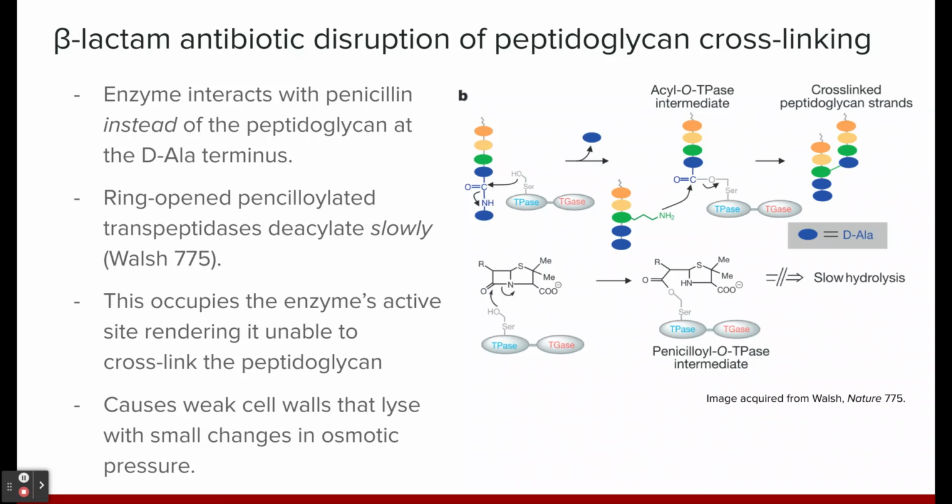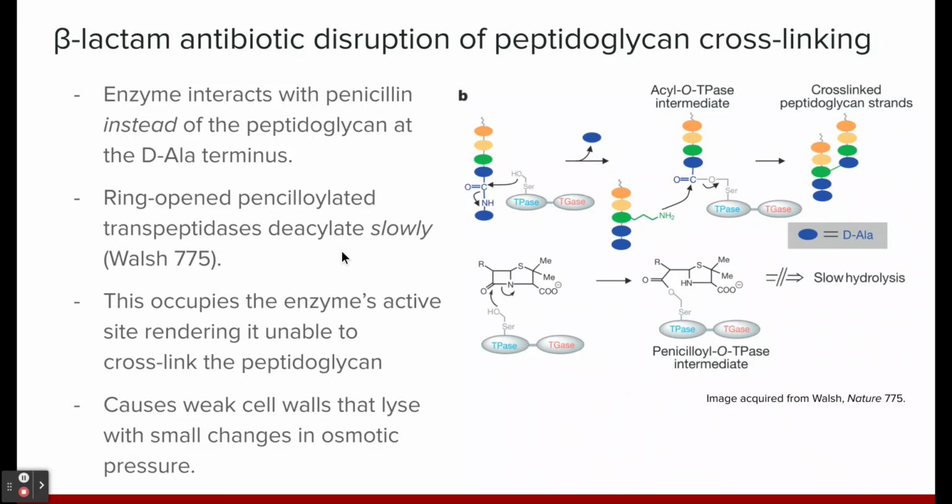So they disrupt this cross-linking because they're causing interaction with the penicillin binding proteins instead of the cross-linking occurring. What we would normally see in the cross-linking of these strands is this transpeptidase enzyme interacting with this D-ala terminus, ultimately cross-linking these two peptidoglycan strands.